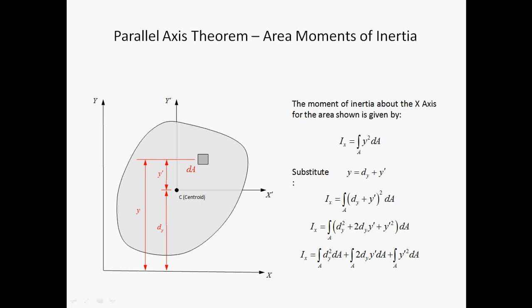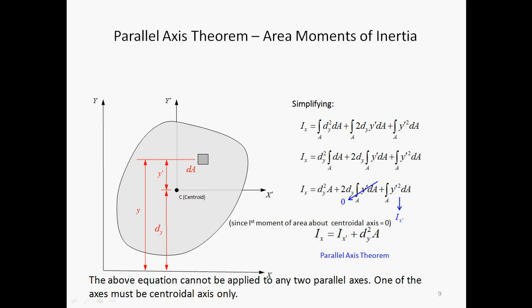Ixx is equal to the integral of y squared dA. Here y is written as y dash plus dy, where y dash is the distance between the elemental area and the centroidal axis, and dy is the distance between the centroid and the x-axis. Substituting y equal to y dash plus dy and expanding the equation, it takes this form.